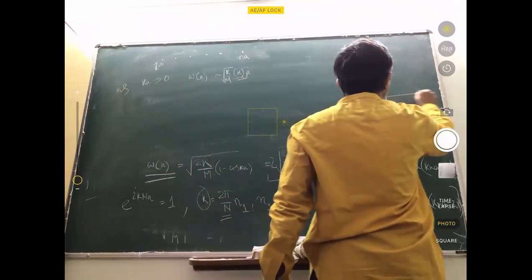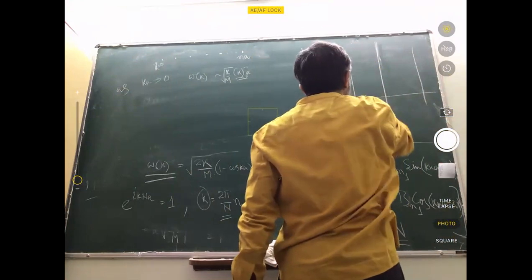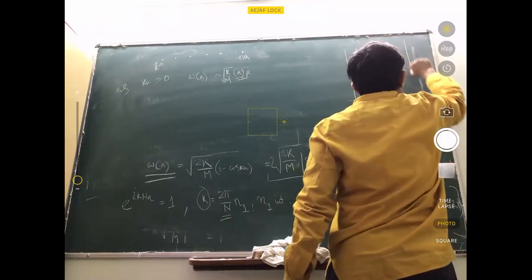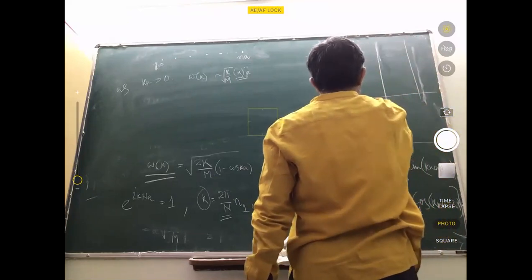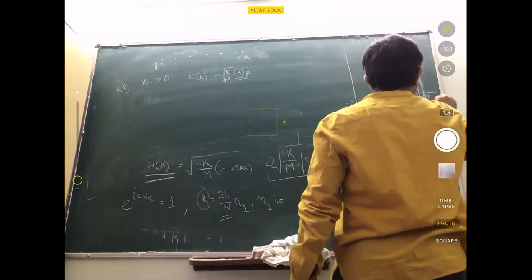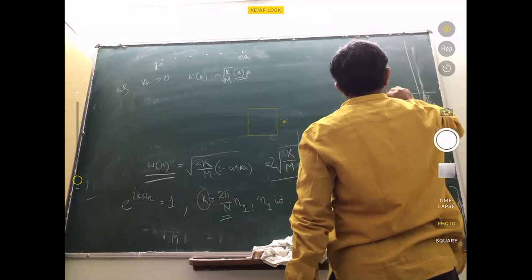Okay, so let me draw it here and then I'll add things to it. So here it would be linear.